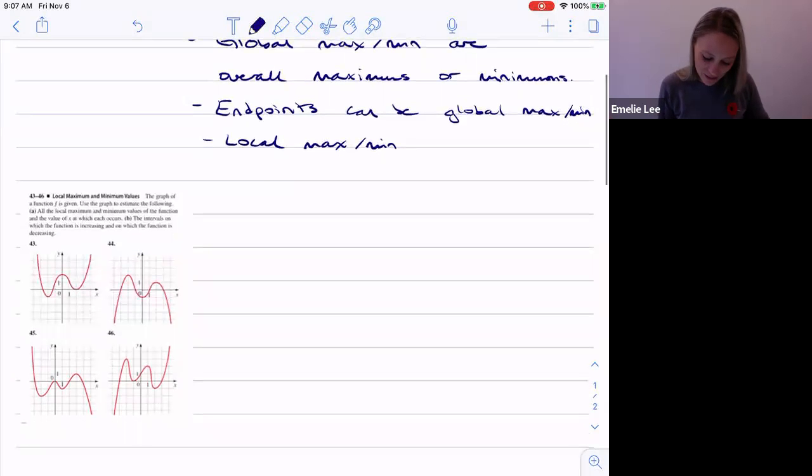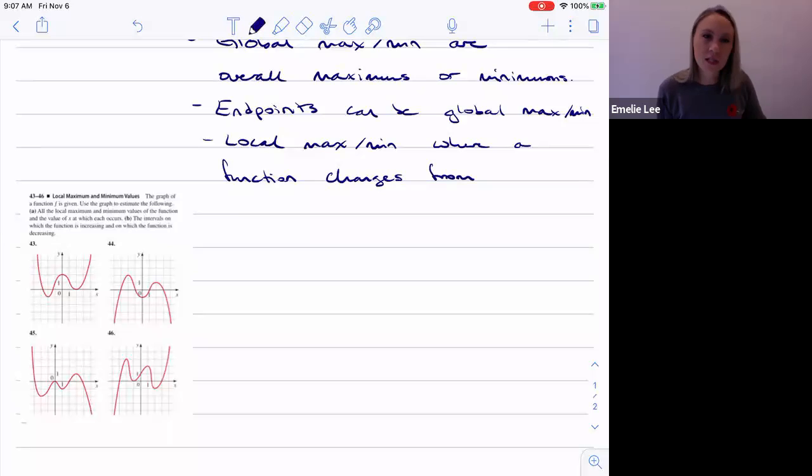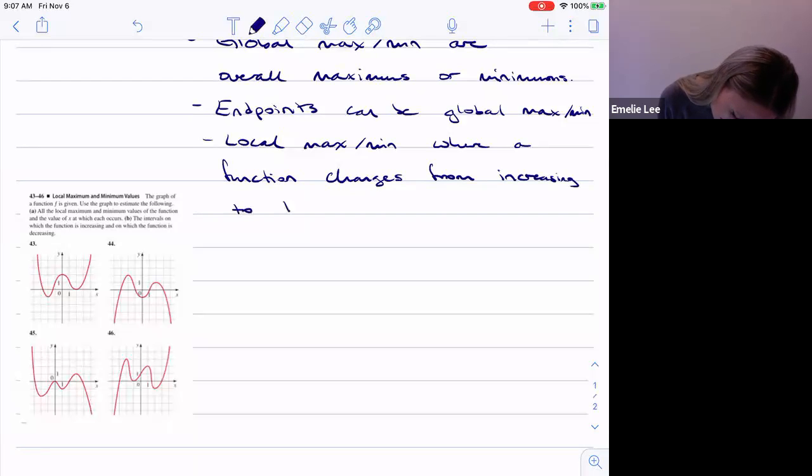The local max or min is where a function changes from increasing to decreasing, or vice versa.